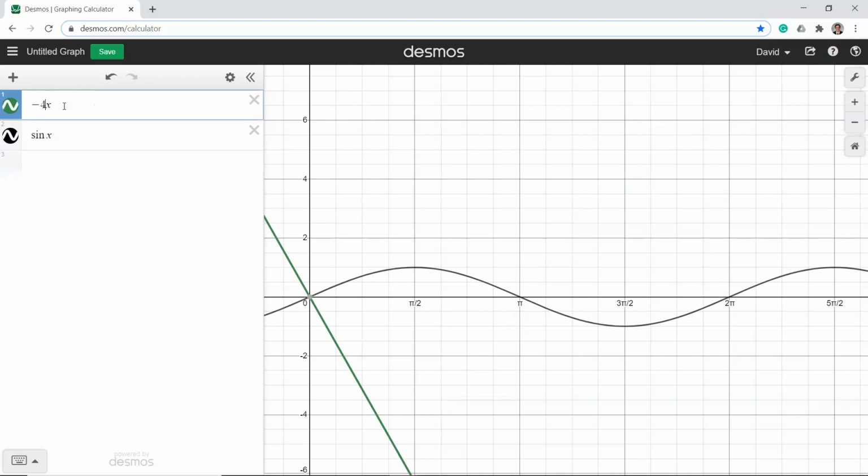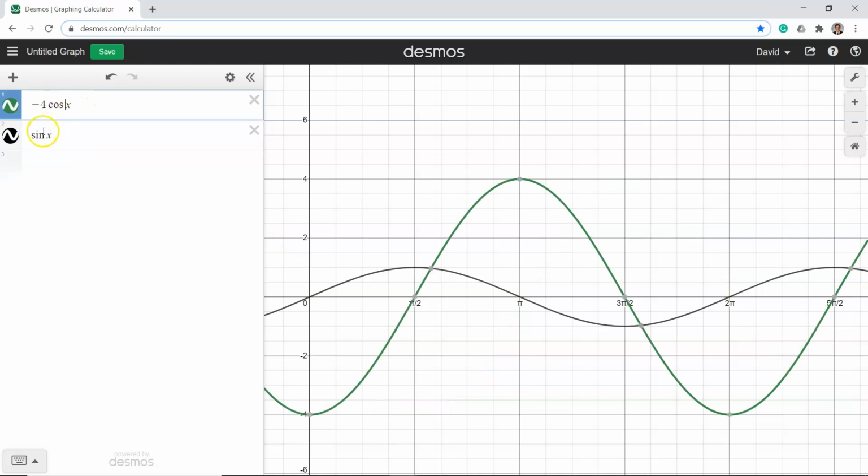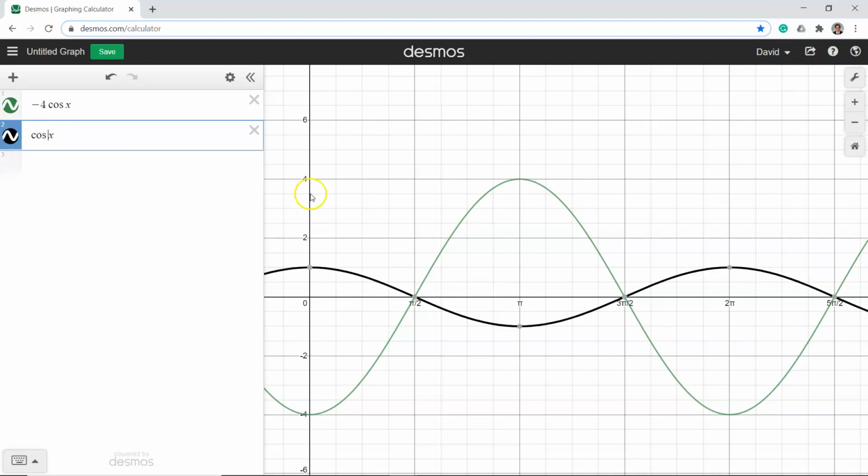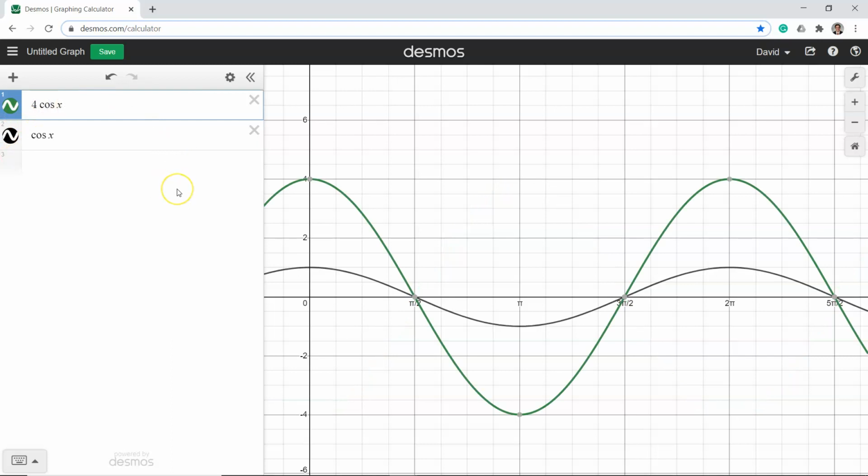This is the same if we did a cosine function instead of a sine function. So the cosine function originally looks like this, right? So the 1 points are now these 2, and they've just changed by a factor of 4 here.